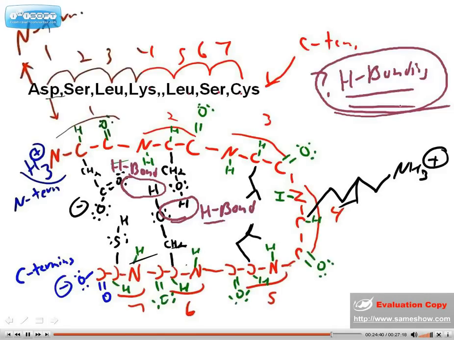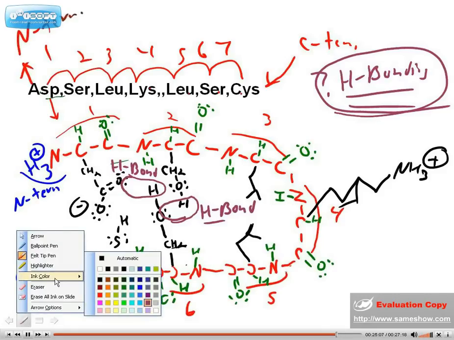Notice, cysteine could not participate in hydrogen bonding. Why? Because the hydrogen and lone pair are not on a nitrogen, oxygen, or fluorine. It's on a sulfur. So the most that this would do is dipole-dipole, and I'm not indicating that in this example.